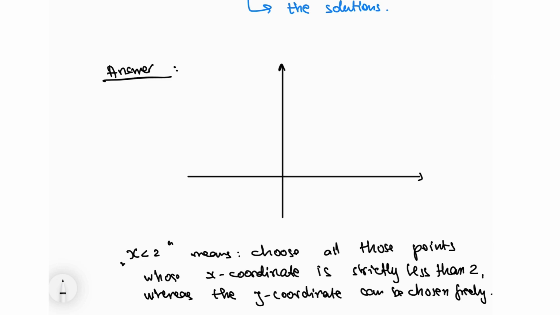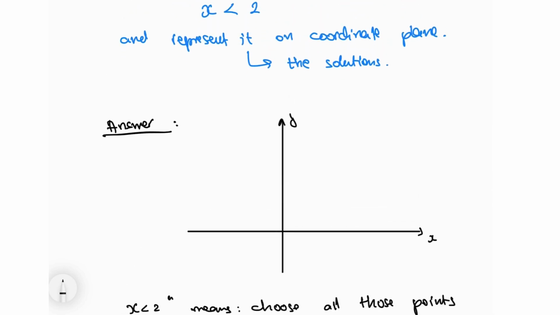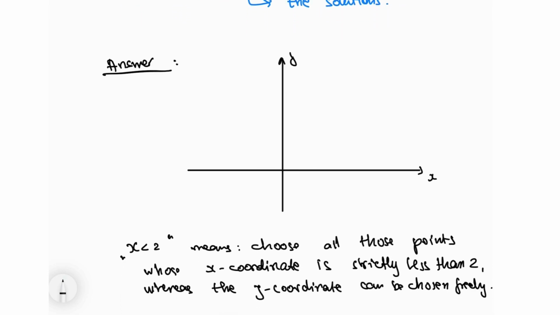So in solving the inequalities, we need to choose all those points in the coordinate plane that satisfy the condition x less than 2, and that means all those points whose x coordinate is strictly less than 2.